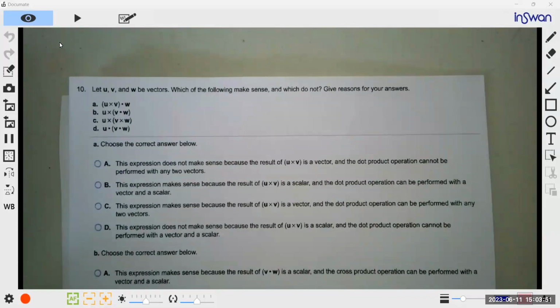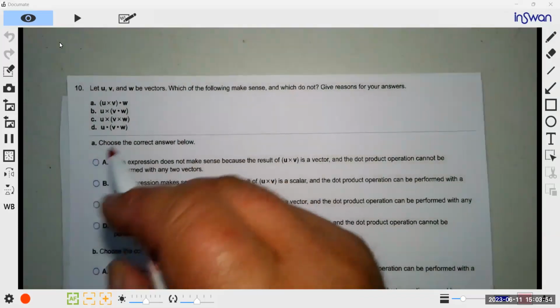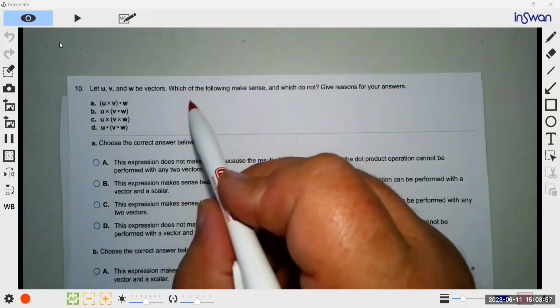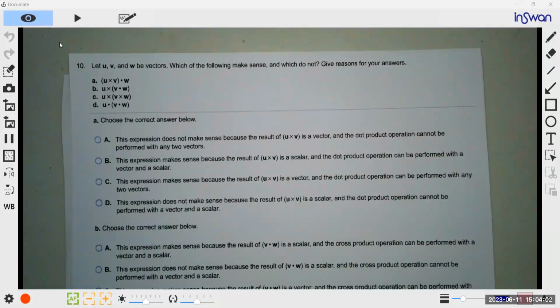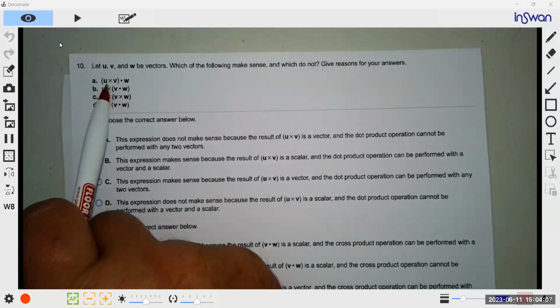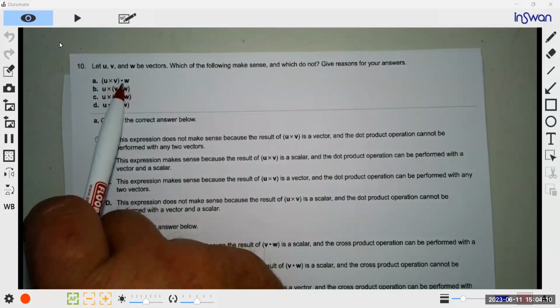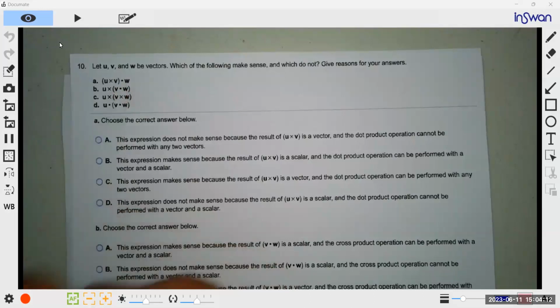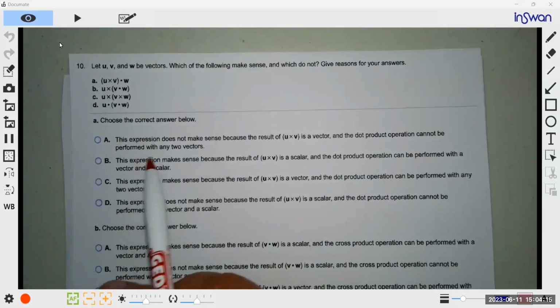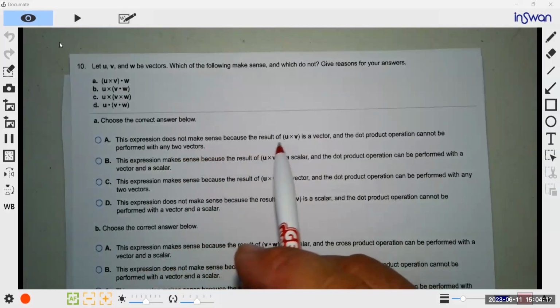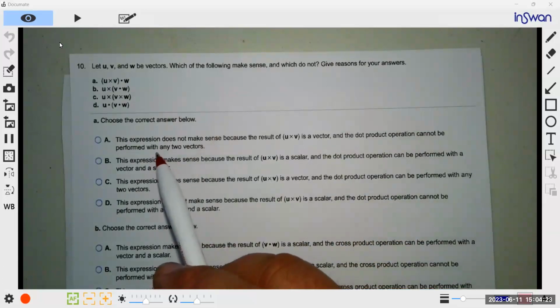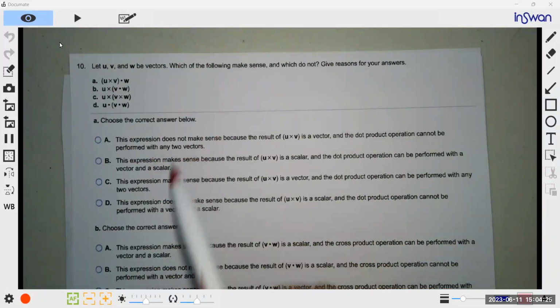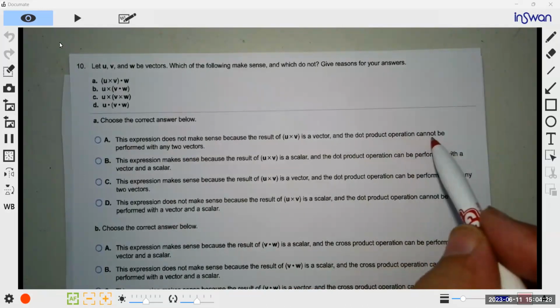Okay, number 10. Let U, V, W be the vectors defined below. Which of the following makes sense and which ones do not? That's a lot of reading in this one. Let's look at the first one: U cross V dot W. The first option says the dot product cannot be performed with any two vectors.